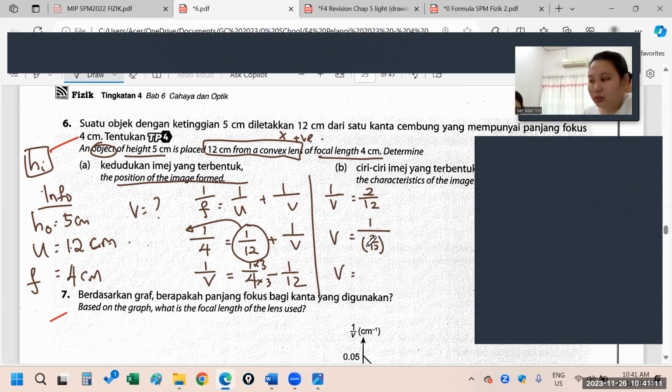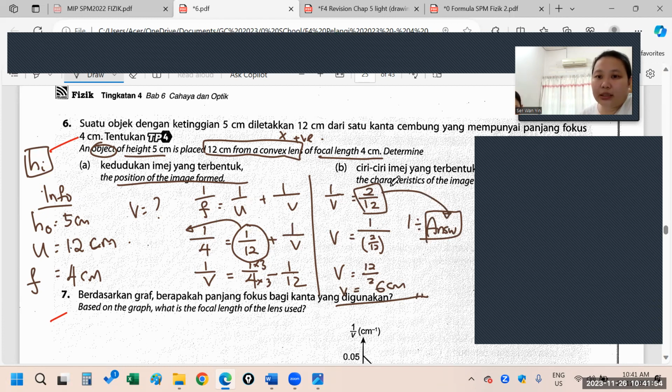So V equals, we just flip them, 12 over 2, means V equals 6 cm. You first subtract 1/4 minus 1/12 to get the answer, then 1 divided by answer. You get the answer first, so 1 divided by answer, very fast.